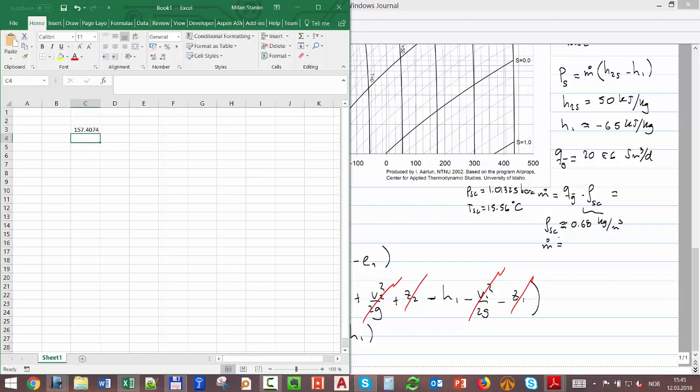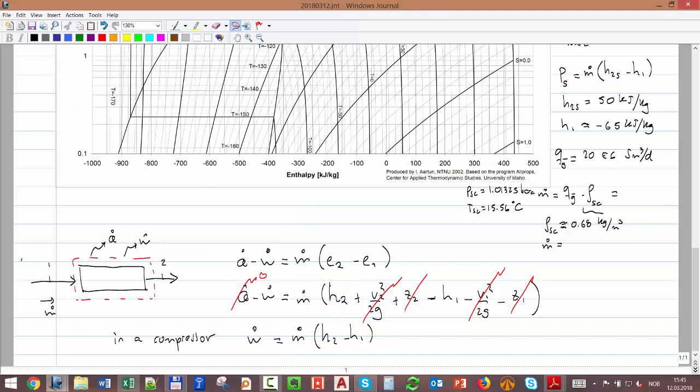I get 157 kilogram per second, and then I can get my power, the isentropic power, which is 157 times 115.